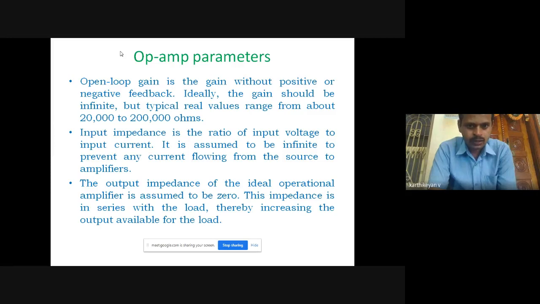Okay, so it is assumed to be infinite to prevent any current flowing from the source to the amplifier. The output impedance is the third parameter. It is assumed to be zero for the ideal operational amplifier. In an ideal op-amp, the output impedance is zero. This impedance is in series with the load, thereby increasing the output available for the load.